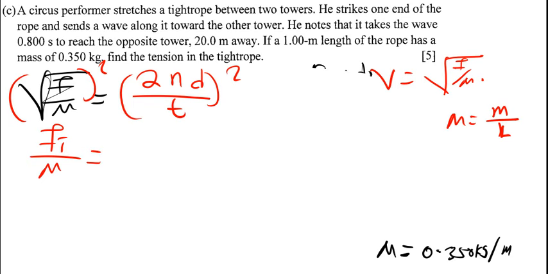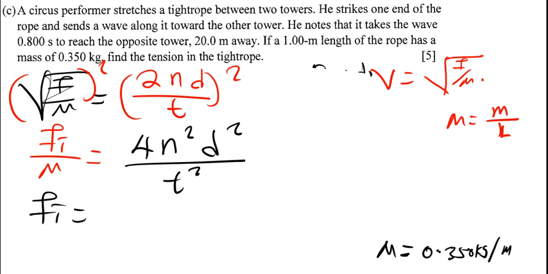If I square them, 2 squared is 4, n squared is n squared, d squared is d squared, t squared is t squared. Meaning I can cross multiply. The tension force will be equal to 4 n squared d squared times mu divided by t squared.